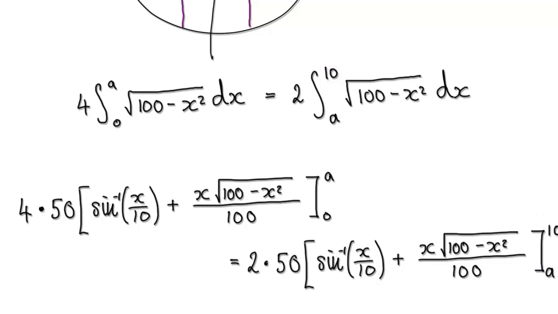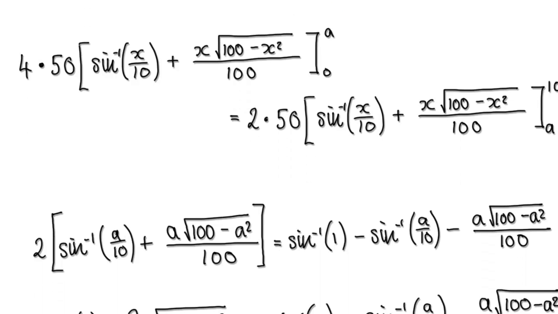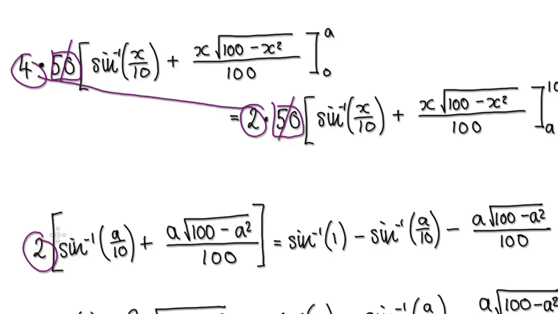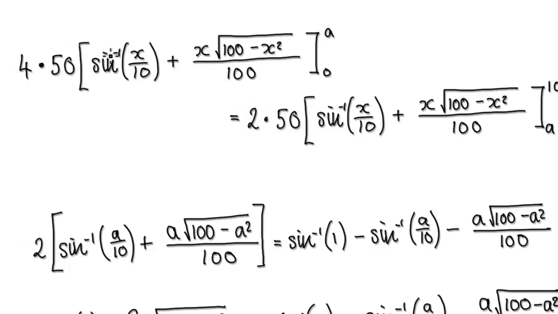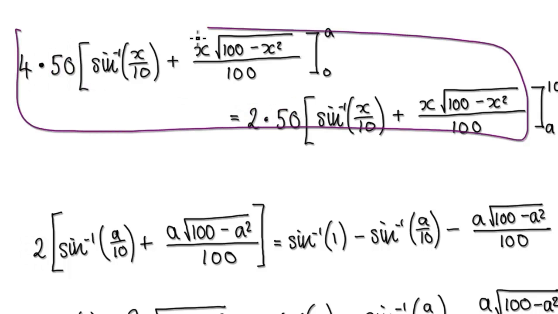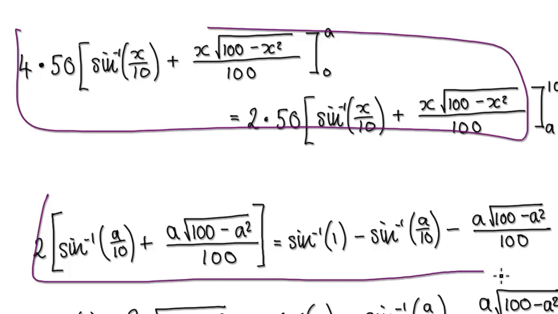Okay, and then let me think, and then these two would cancel each other out, and then this 4 here would then become a 2. So this whole thing here will then become this thing here.